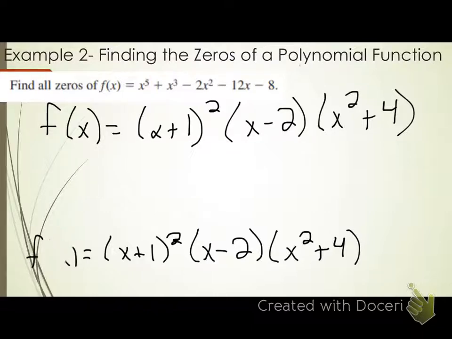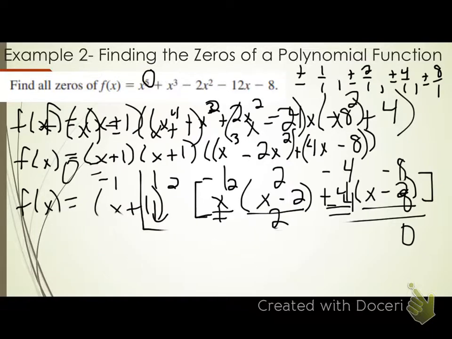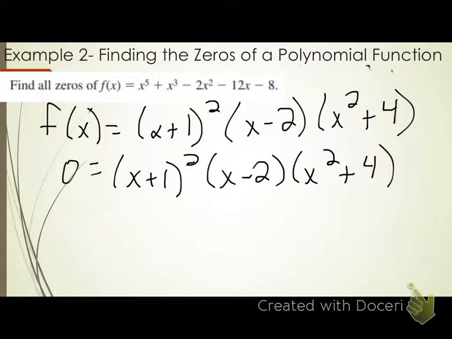So now that I have it factored, I can set all of my factors equal to 0. So I'm trying to find all the zeros of this function. So I set my function equal to 0.